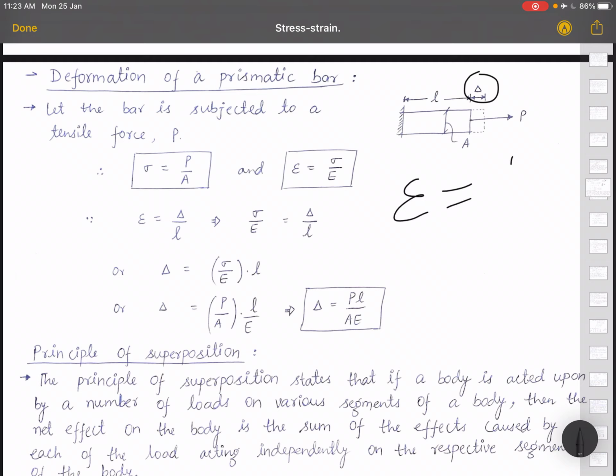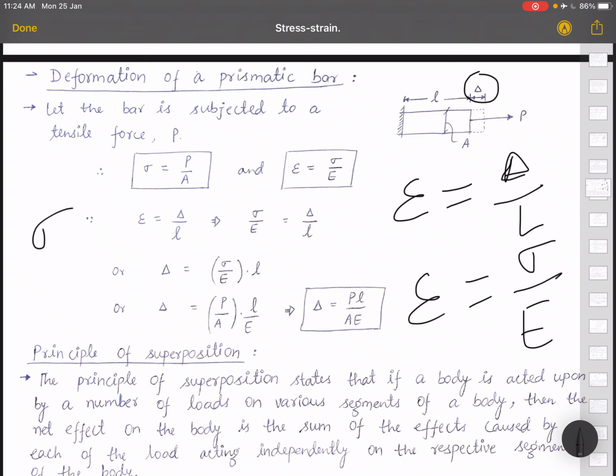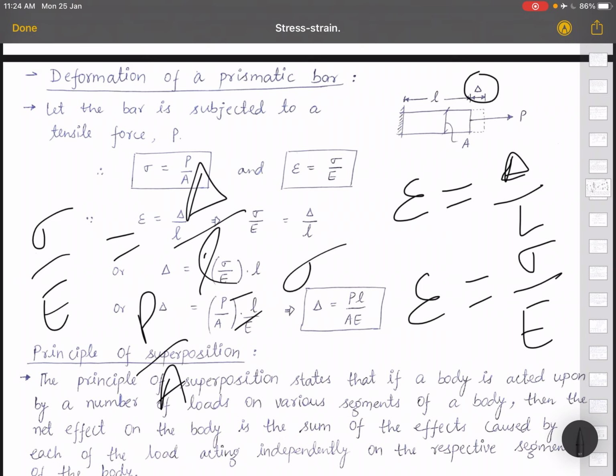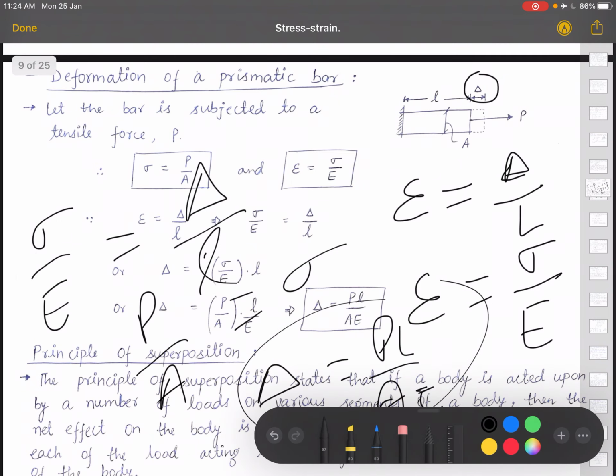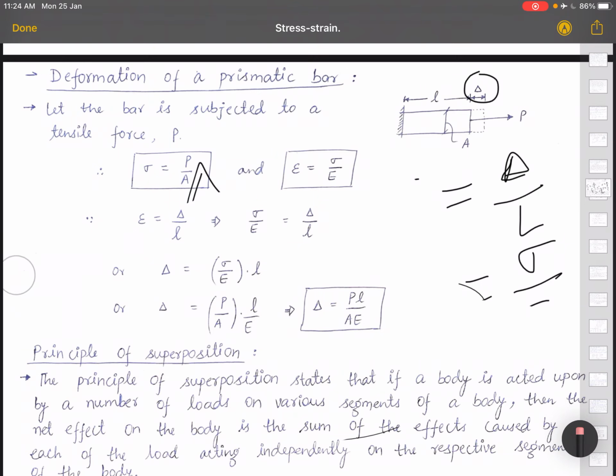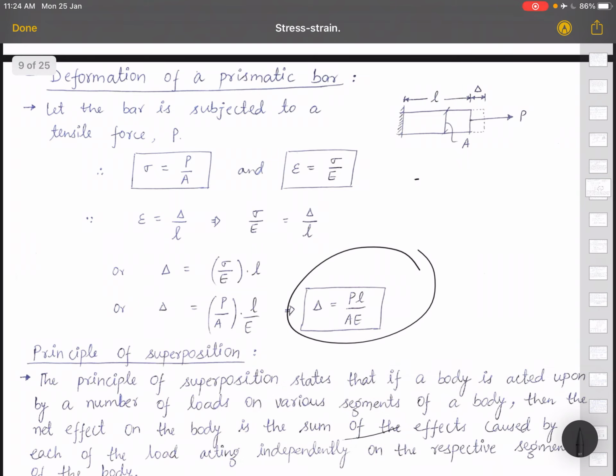This is also equal to sigma upon E. This means sigma by E is equal to delta L upon L, but sigma is P by A. So from here you will get PL upon AE as your deformation. This equation I have already derived. So this is your axial deformation.